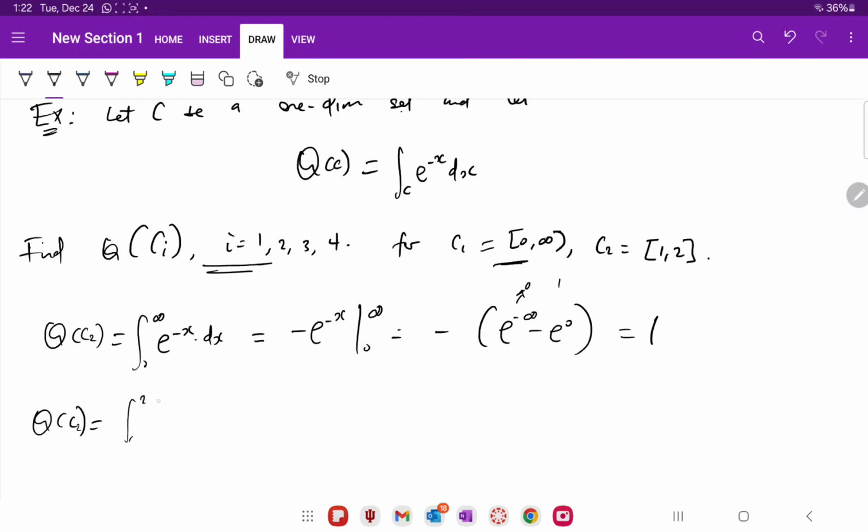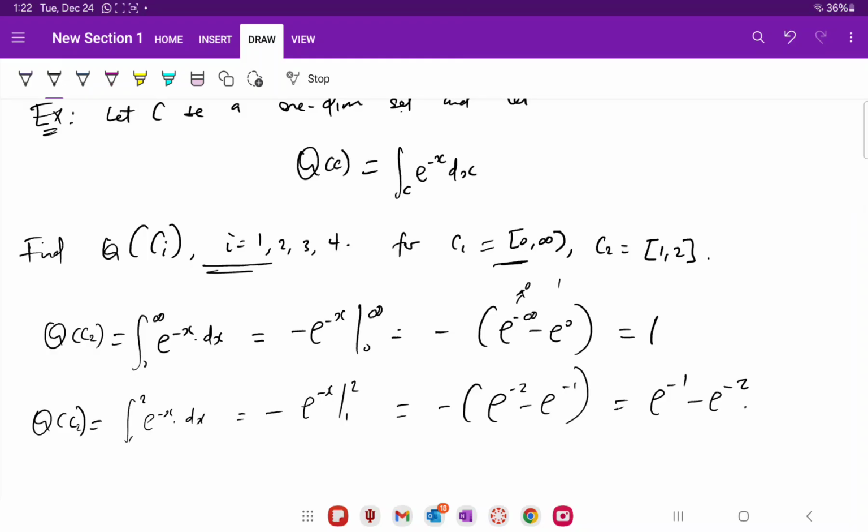First we have 1 to 2 of exponential minus x dx. So you have minus exponential minus x from 1 to 2, and that is equal to minus exponential minus 2 minus exponential minus 1. Okay, and then this is exponential minus 1 minus exponential minus 2. So you can choose to simplify that further.